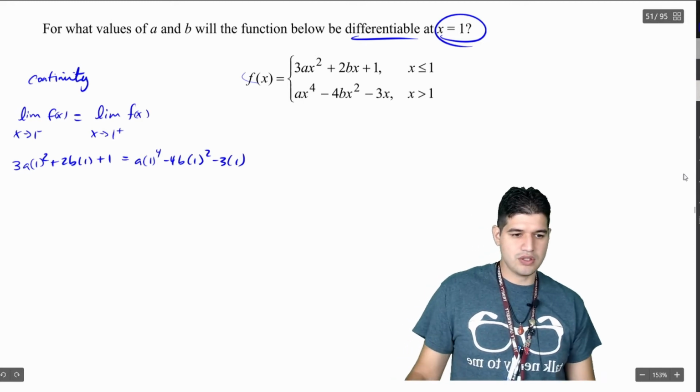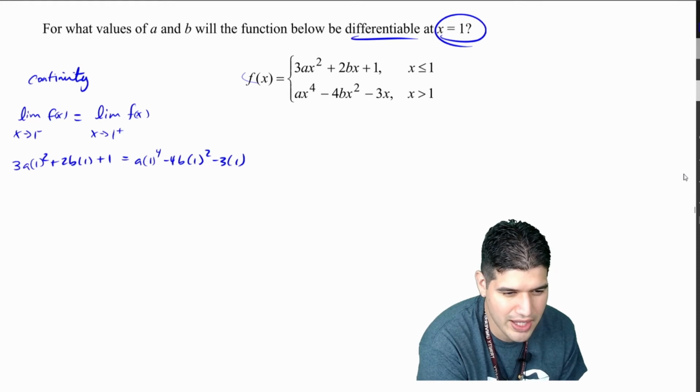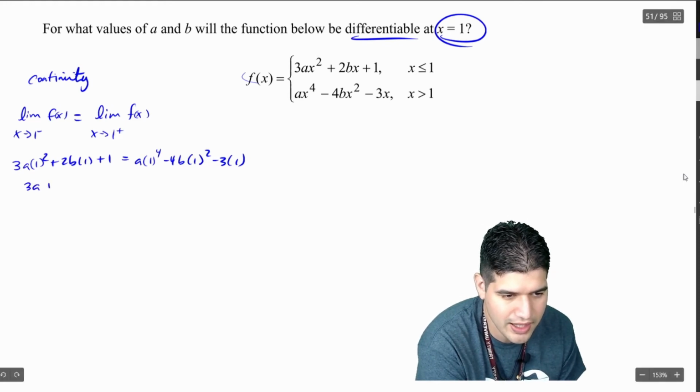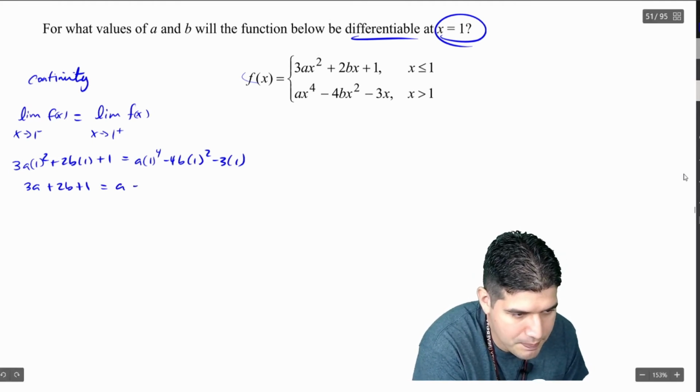All right, so if I'm doing this right, I am going to get 3a plus 2b plus 1 equals a minus 4b minus 3.